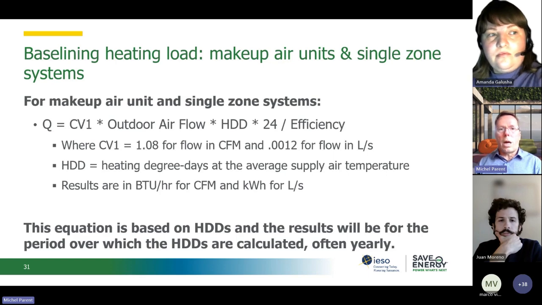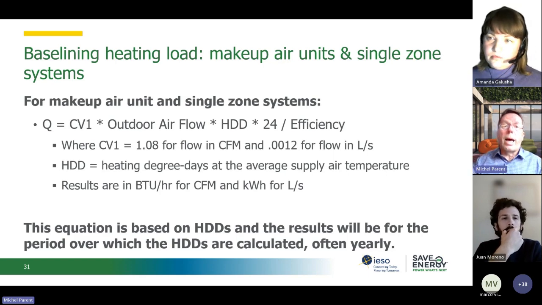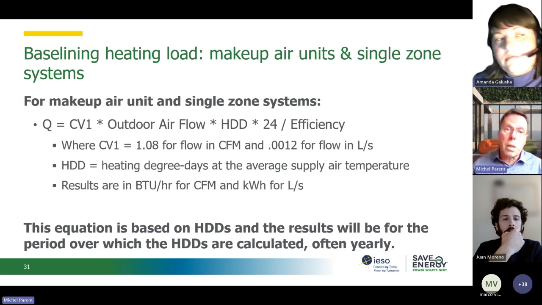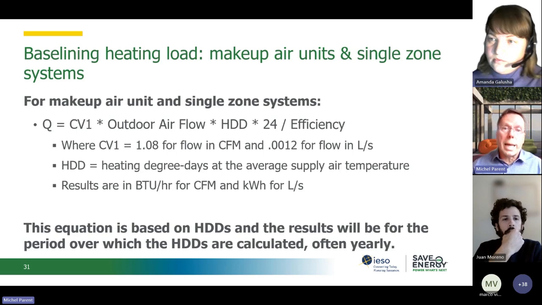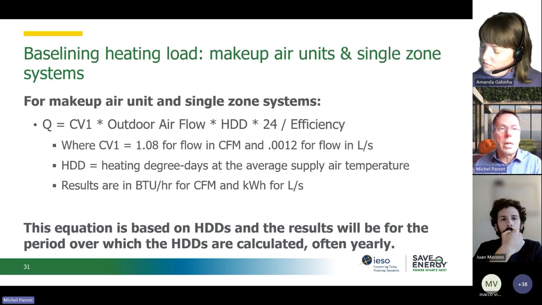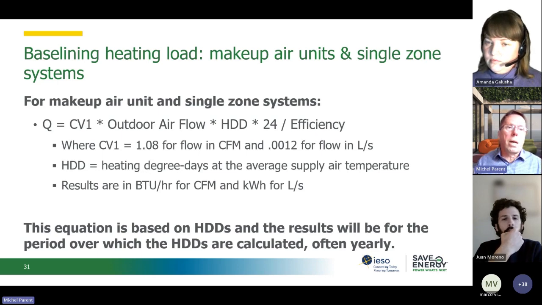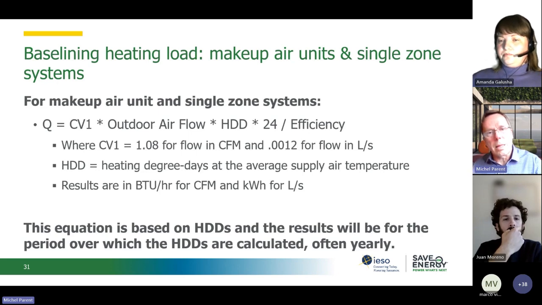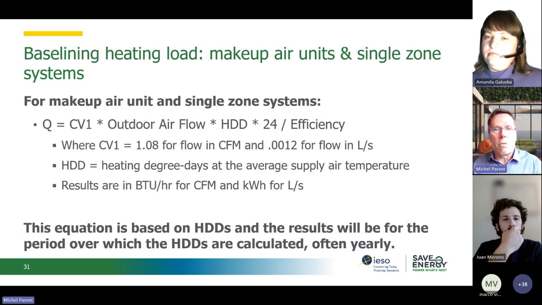The heating degree days are for the period for which this system is operating, and it's also based on the temperature at which it's supplying. So for a makeup air unit supplying at 18 all winter long, Monday to Friday, you would get the heating degree days for 18 degrees. And I have a website that I'm going to show you in the next slide, where you can get that information.